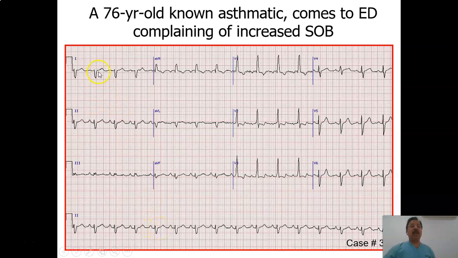Axis: look at lead 1 and aVF. There are negative QRS complexes in lead 1 and positive in aVF, so right axis deviation. For atrial hypertrophy, the P wave is tall in lead 2, so maybe right atrial hypertrophy.